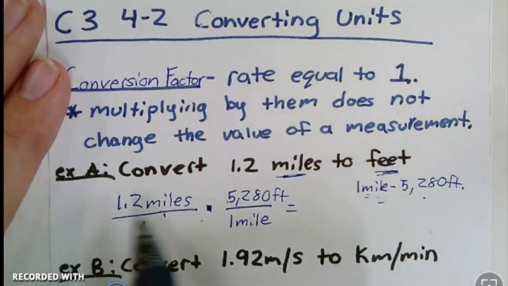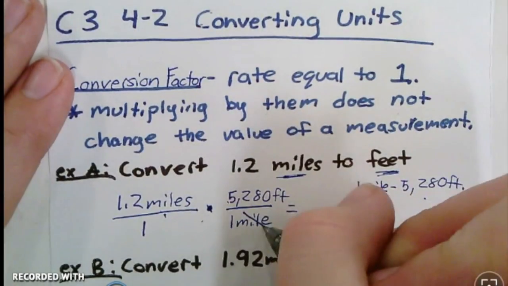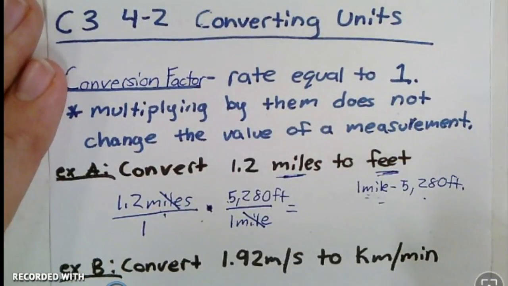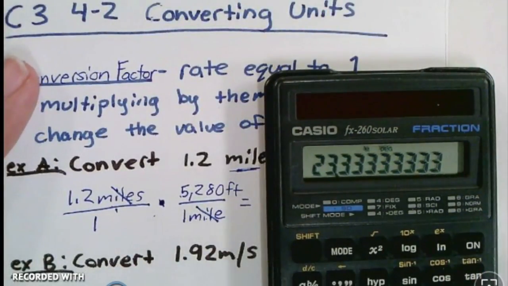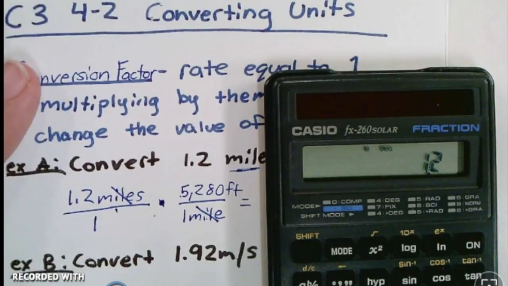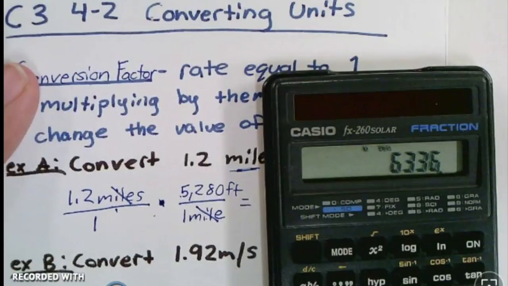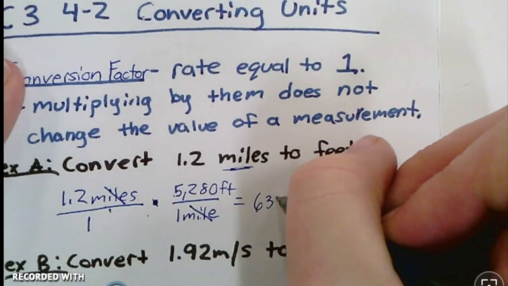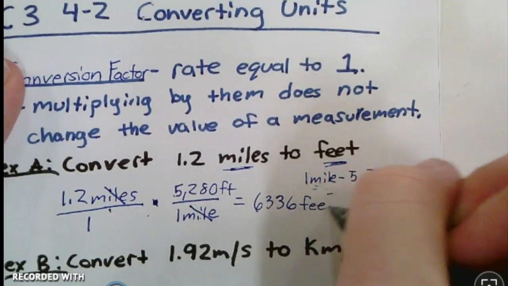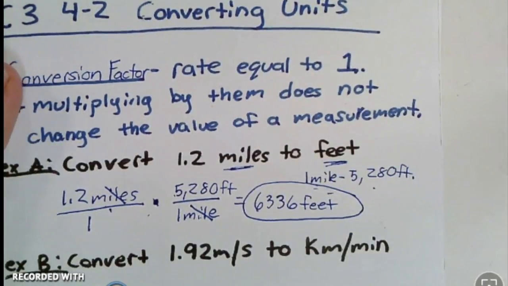Now I'm going to look to see if anything crosses out. This label will cross out, and that's all. And then I'm going to multiply. So I have 1.2 times 5,280 equals 6,336 feet. And there's my final answer.